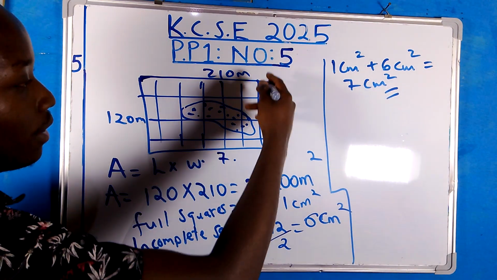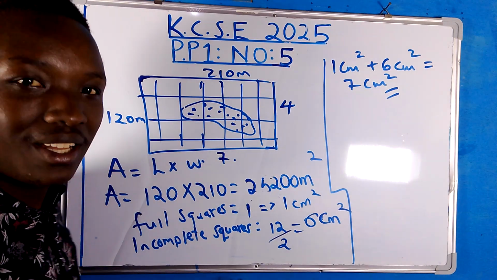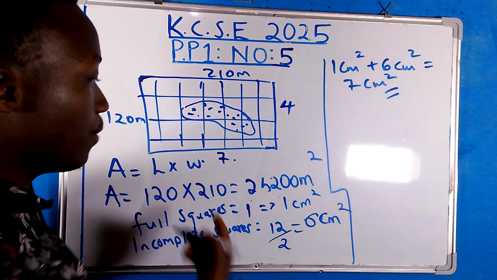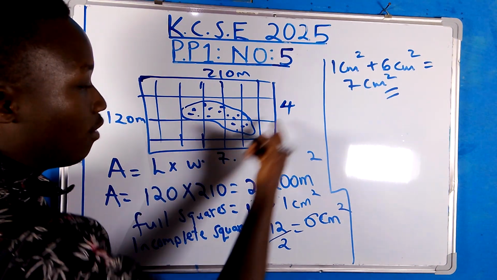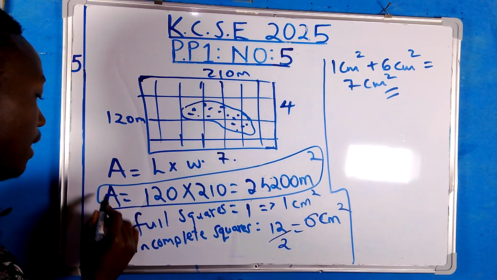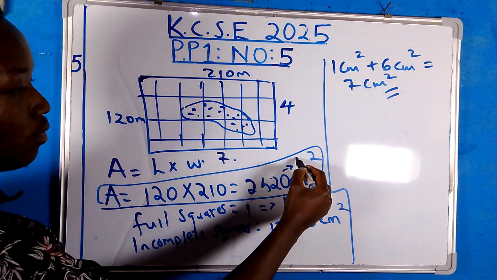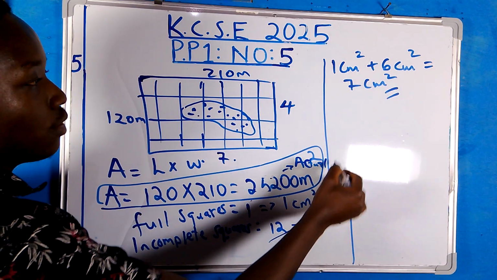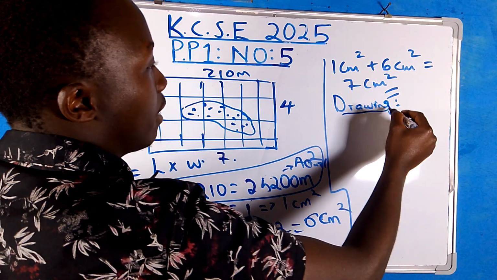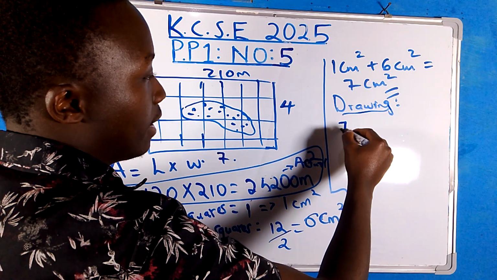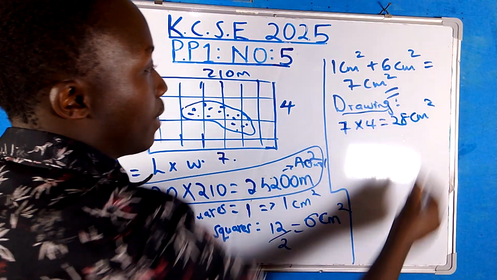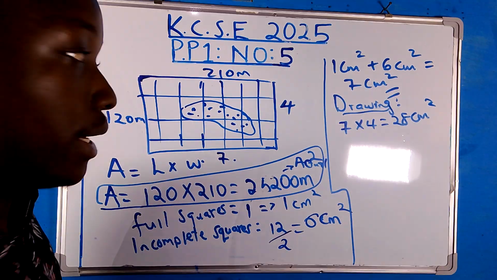And if you count on the width, it is equal to 4. Fortunately, I did the same sketch. It's quite good for us, so we can get the area of the farm. This was the actual area of the farm on the ground. Now we want a drawing area, and the drawing area is going to be 7 times 4, which is equal to 28 centimeters squared.